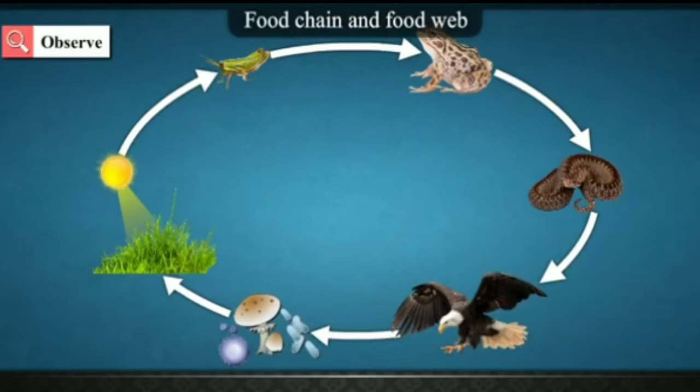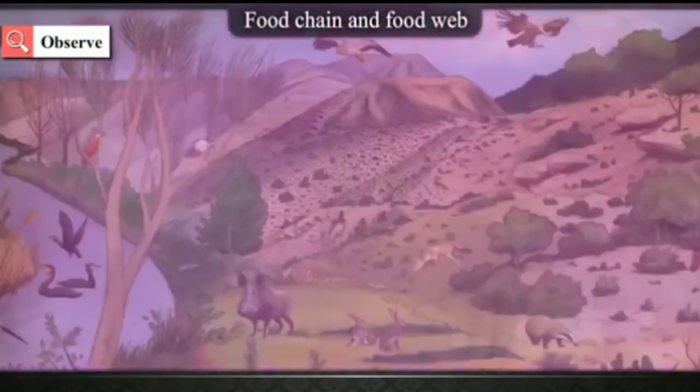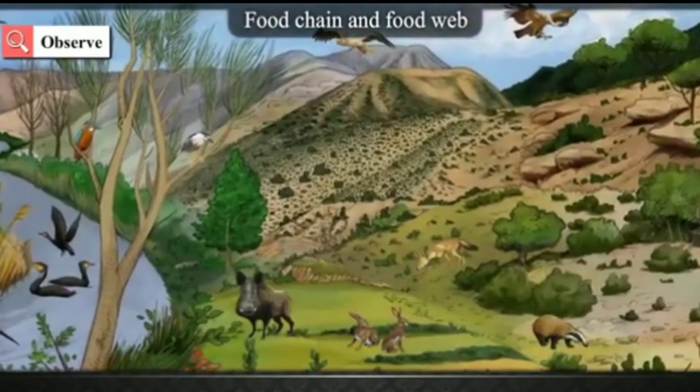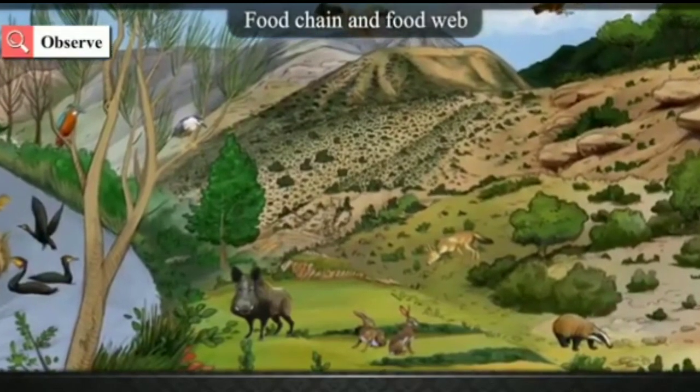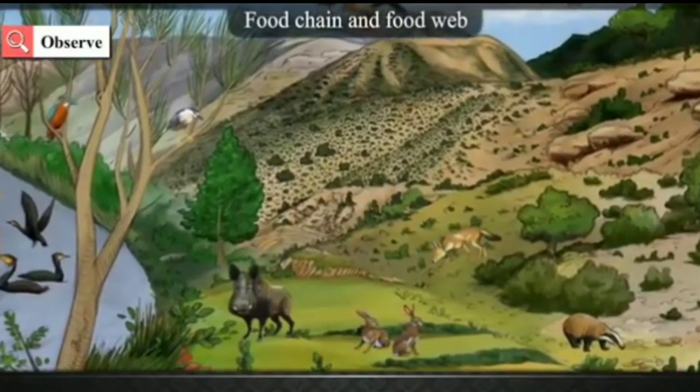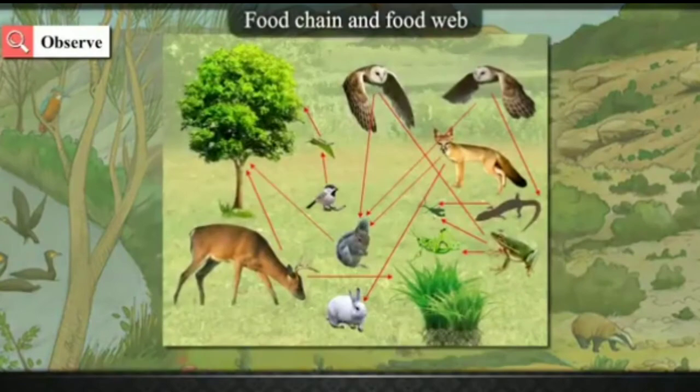There is a definite sequence in these interactions which is called the food chain. Each consists of 4, 5 or more links. An ecosystem consists of many food chains that are interconnected at various levels. Thus, a food web is formed.